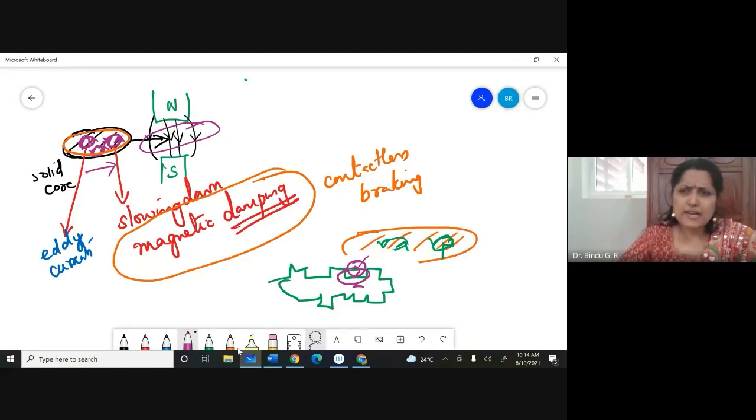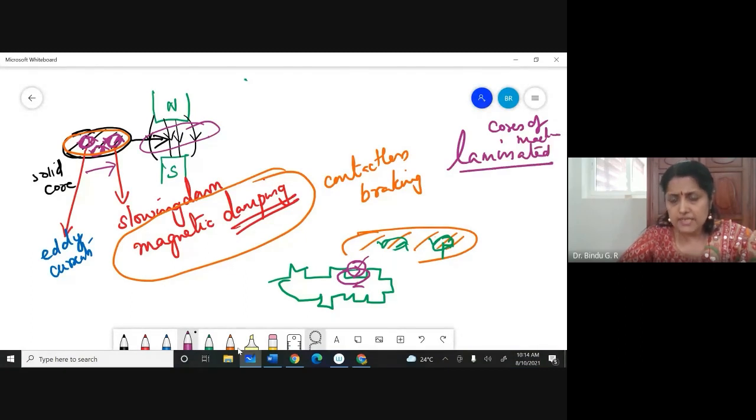You will find that later on, many cores of electrical machines are laminated. Laminated means the core is not a single core like this. It will be made up of small sheets which you keep together.